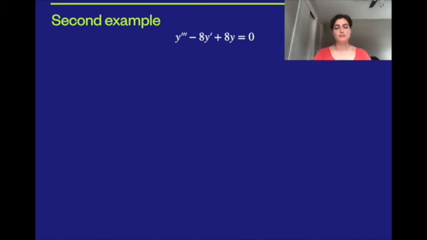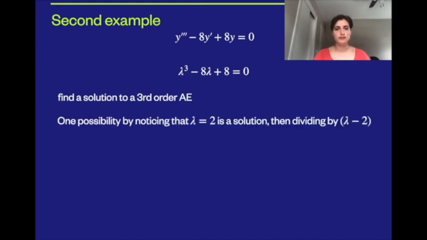The second example I want to look at is this third order equation in y. We construct the characteristic polynomial exactly as we did before, and we try to find a solution to a third order algebraic equation. You can start by noticing that lambda equals 2 is a solution to this equation.